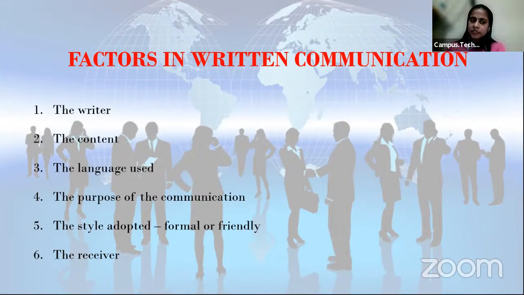He will be called the writer, whosoever is writing, either the sender, originator, or his representative. The writer needs to be there. If there is no writer, then who is going to draft the message? So the first factor in written communication is the writer, who writes the message, the content.